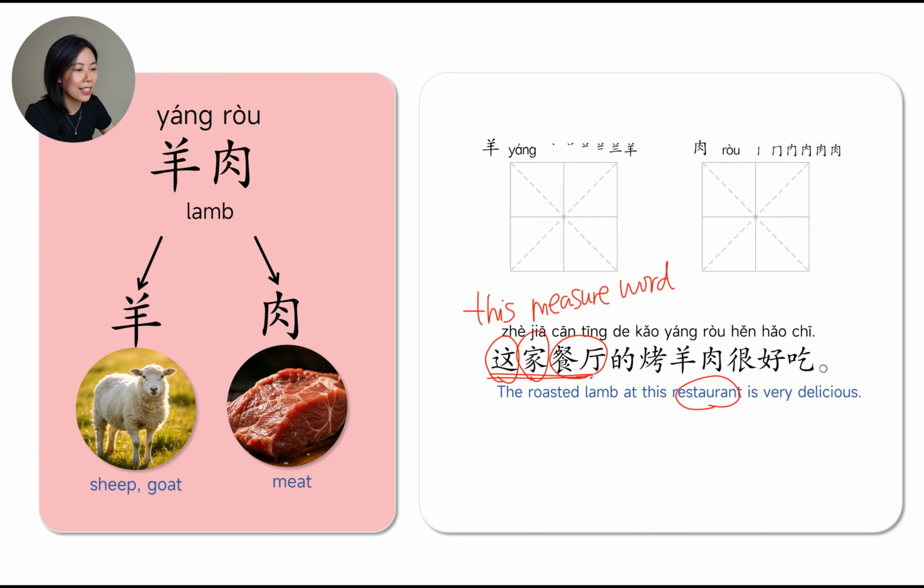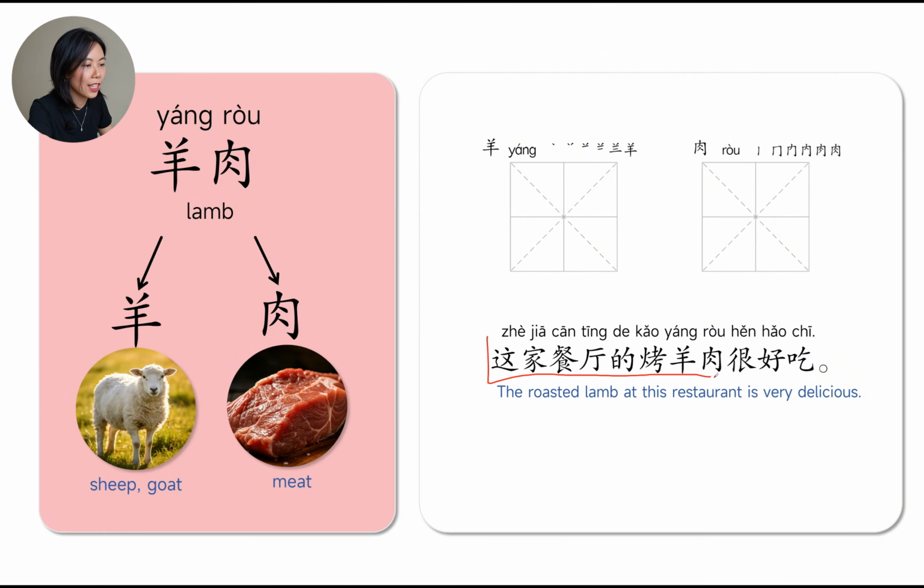So 这家餐厅, this restaurant. 的 is the possessive marker, like 's or the word of. And then 烤 is to roast. 羊肉, lamb. 烤羊肉, roasted lamb. 这家餐厅的烤羊肉, so that would be this restaurant's roast lamb.